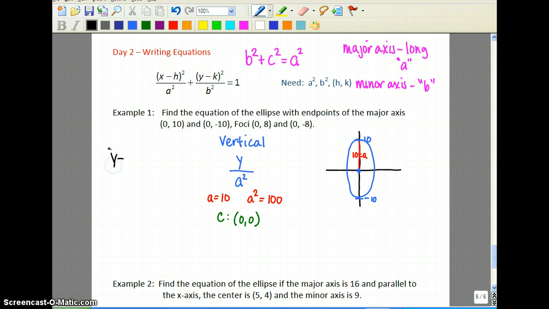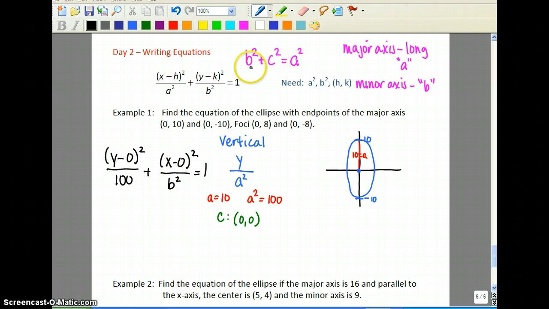So y minus 0 squared over 100 plus x minus 0 squared over b squared, which we don't know yet, equals 1.